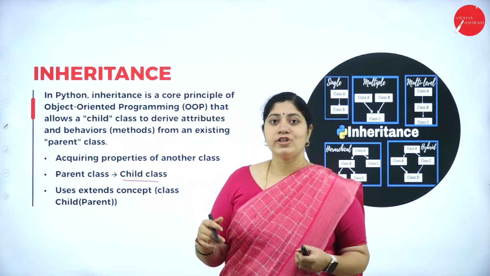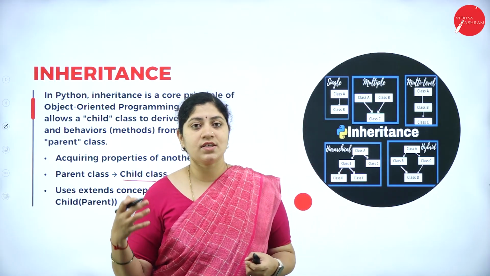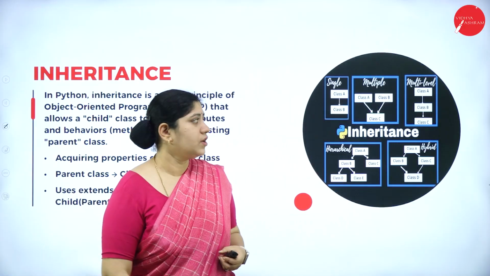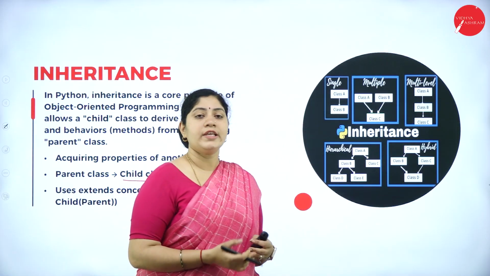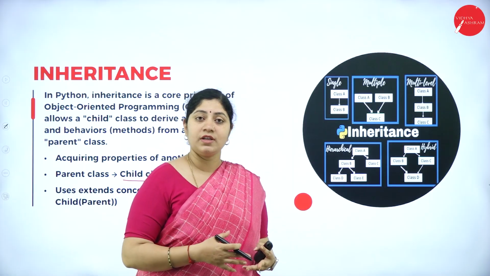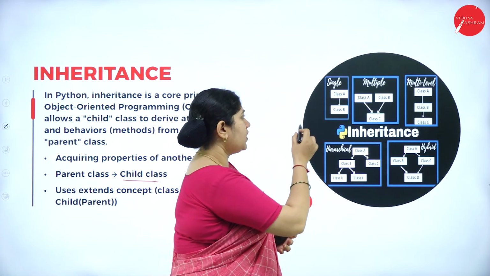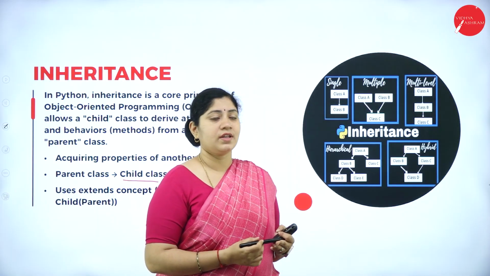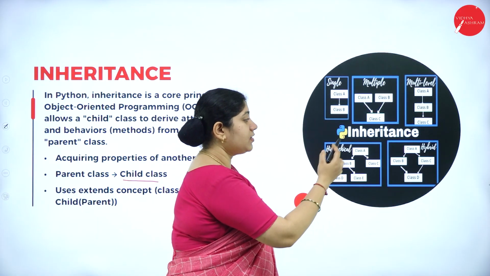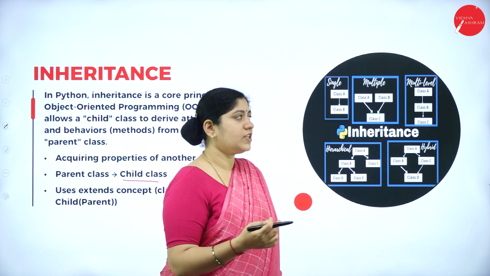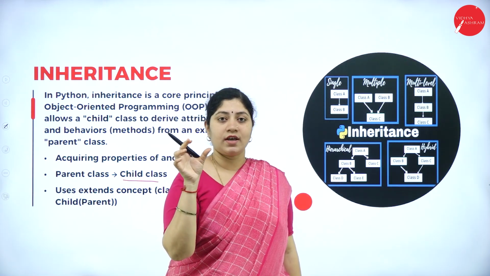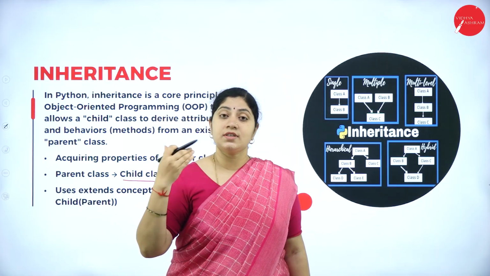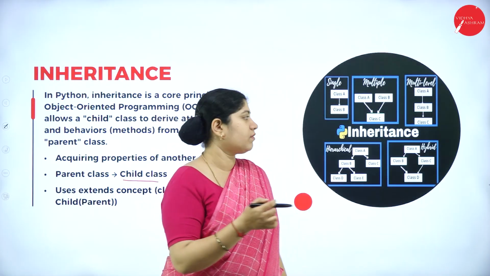All right. Inheritance uses the extended concept of child class as well as parent class. Over here we have various types of inheritance available in Python: single inheritance, multiple inheritance, multilevel inheritance, hierarchical, followed by hybrid. As we can see here, in single inheritance there is a class A, and from that class a new class B is created.